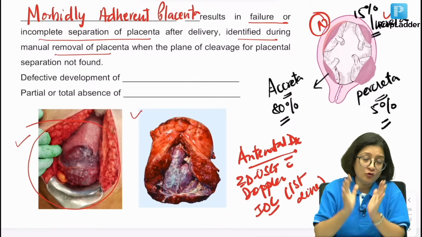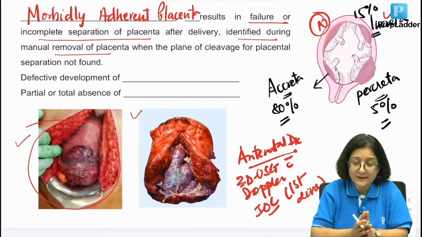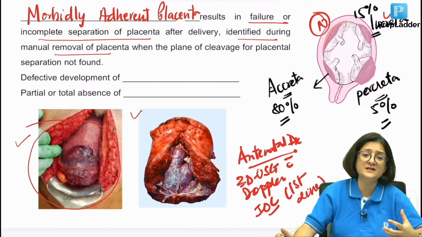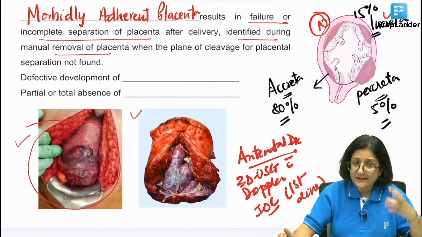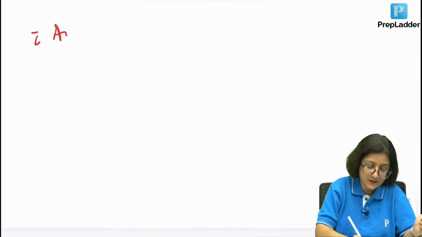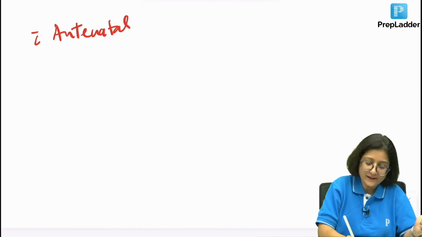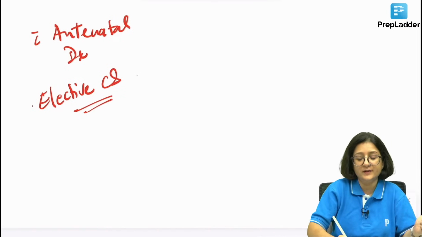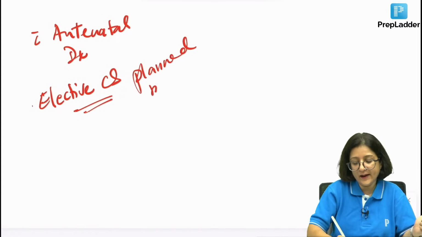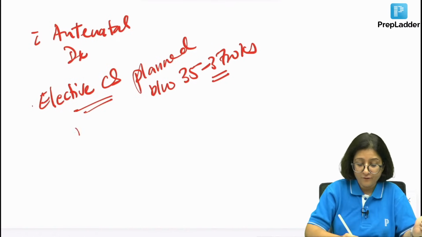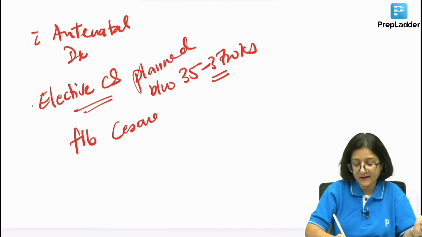So if I have an antenatal diagnosis, such patients are planned for elective cesarean section, and at the same time we perform hysterectomy. So with antenatal diagnosis, elective cesarean section is planned anywhere between 35 to 37 weeks, followed by cesarean hysterectomy.